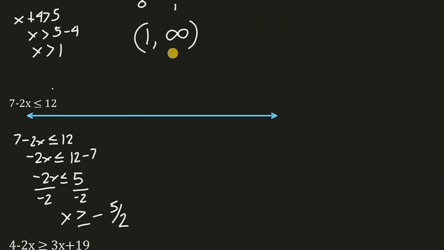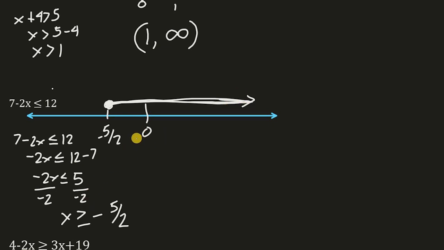So, let's try to plot that in our number line. That's 0. Negative 5 over 2 is along this line. Negative 5 over 2, greater or equal. Ibig sabihin, shaded yung part na to kasi equal kasama siya. Then going to the right kasi greater yan.